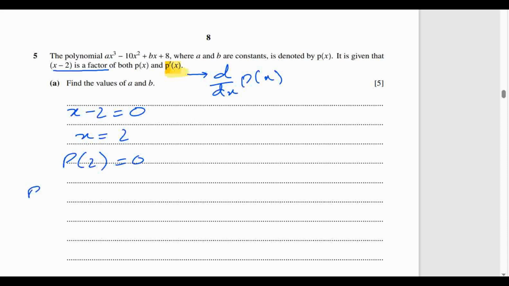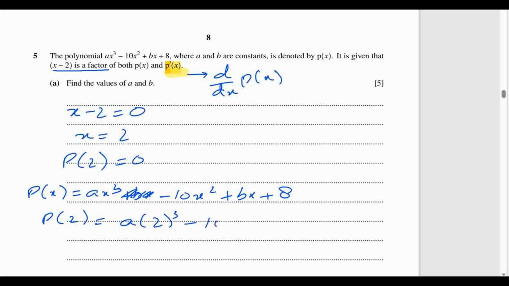Now as we can see, p of x is equal to ax cube minus 10x square plus bx plus 8. Now p of 2 will be equal to a into 2 cube minus 10 into 2 square plus 2b plus 8.